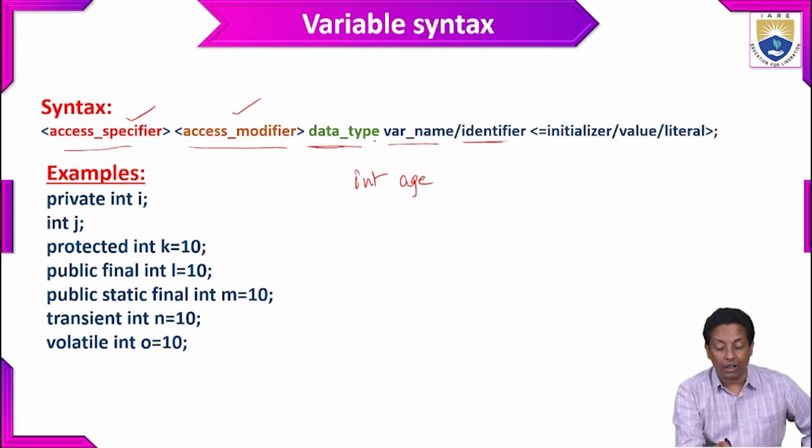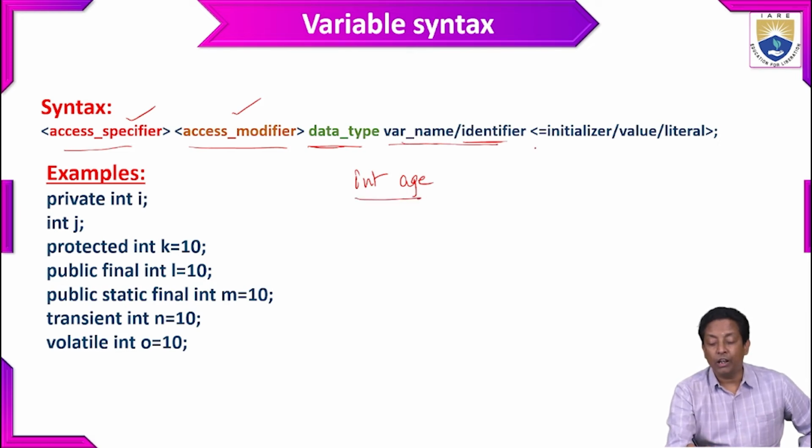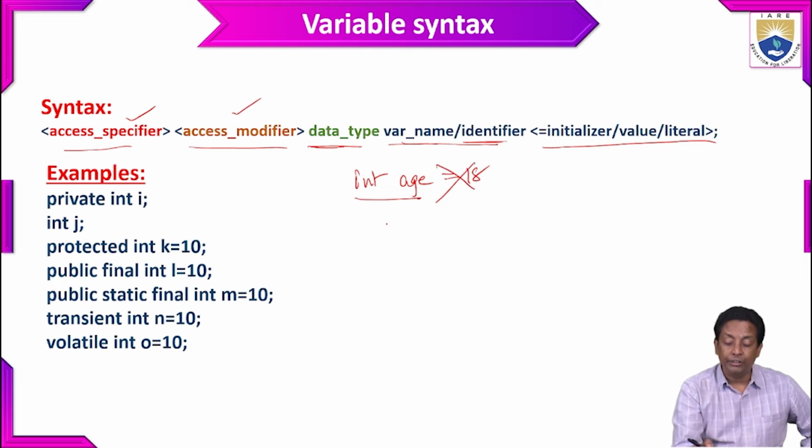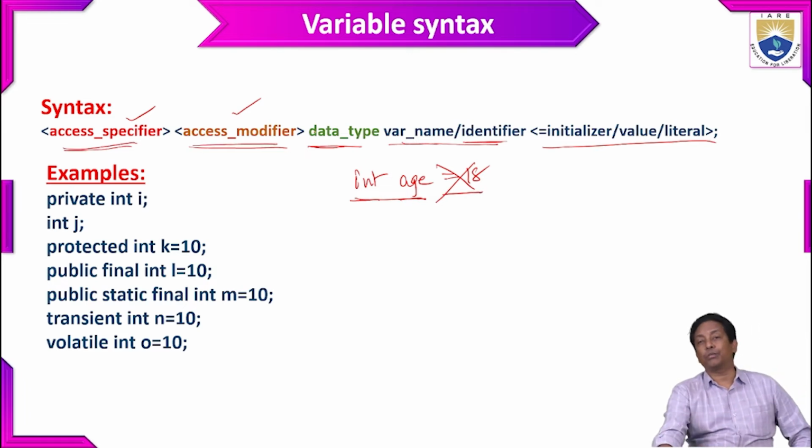Data type and variable name, only these 2 are compulsory. Including initialization, which is assigning some value. The initializer or value or literal, whatever it is, that is also optional. Variable initialization is optional, access specifier is optional, access modifier is optional.